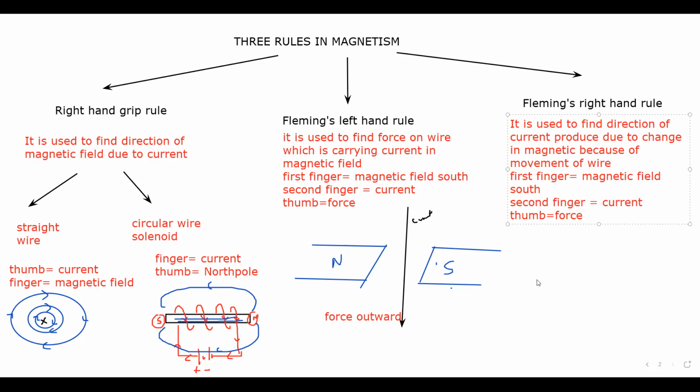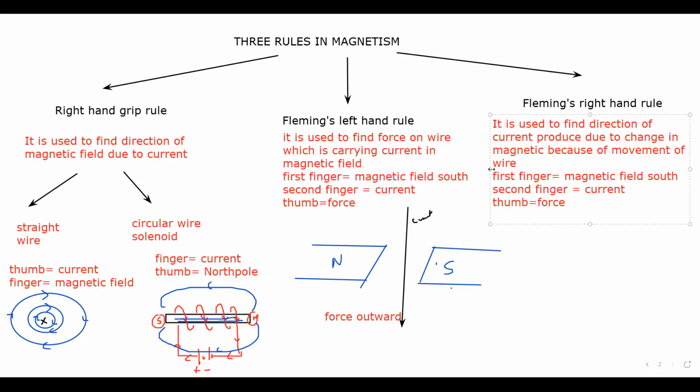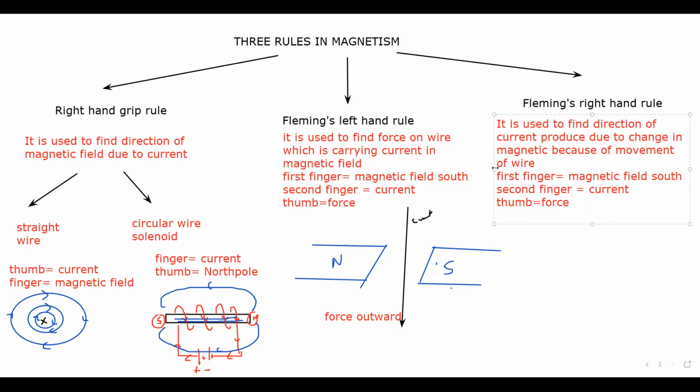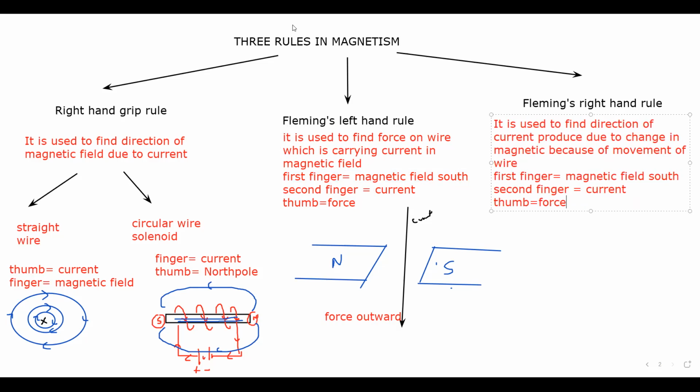So the same rule is there, but to find the direction of current produced due to a change in magnetic field, we will use a right hand rule.